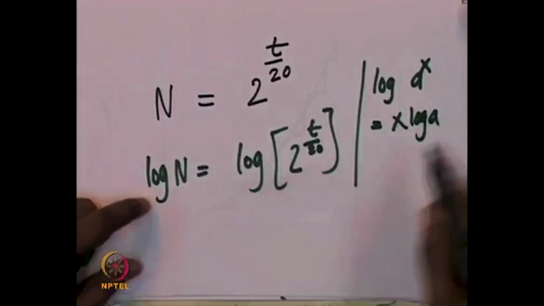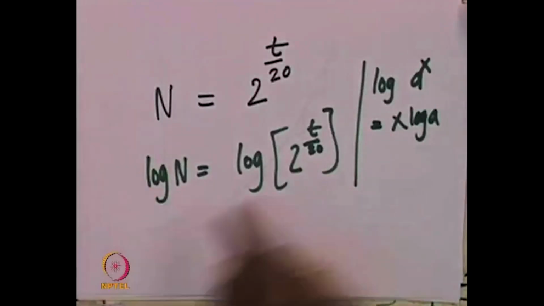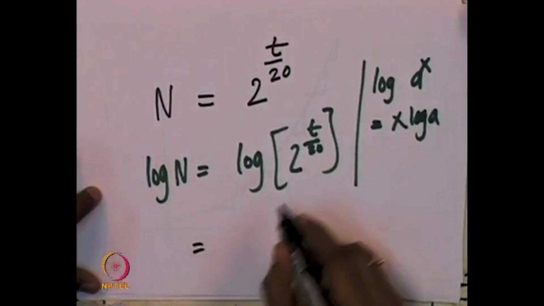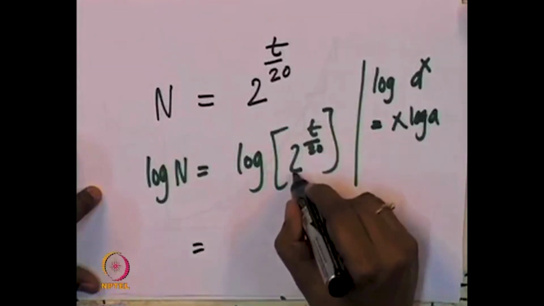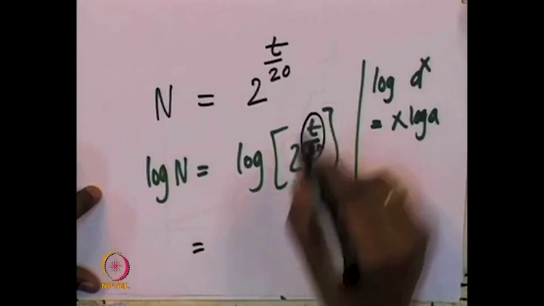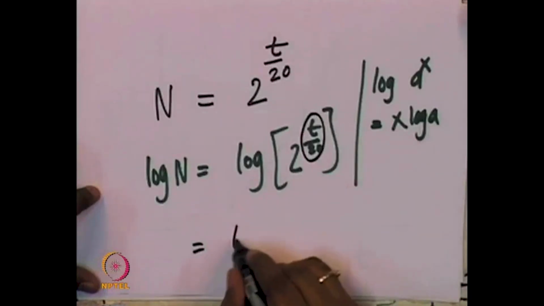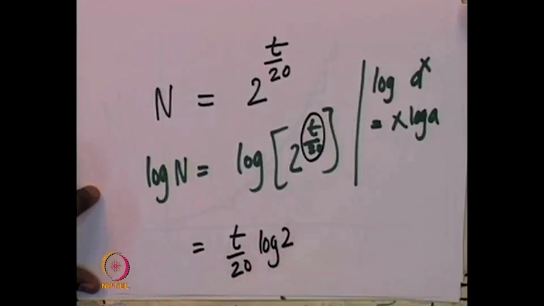So, now using this rule here, log of 2 power t by 20: a here is 2, and x is t by 20. So, log of n is x log a, which is t by 20 into log 2.